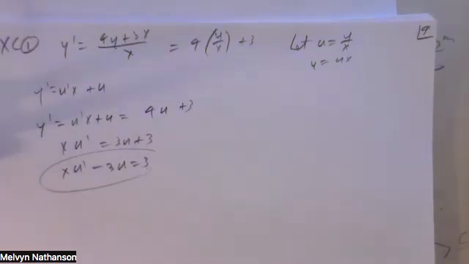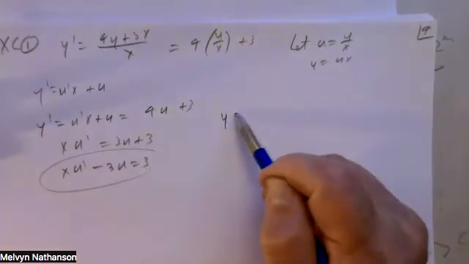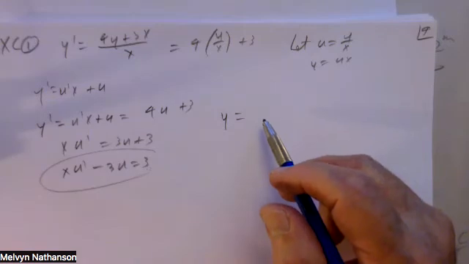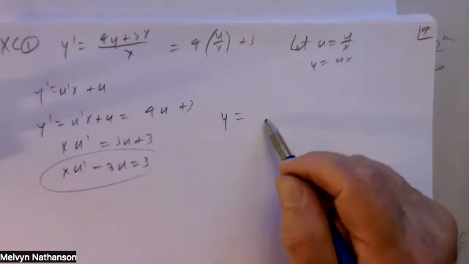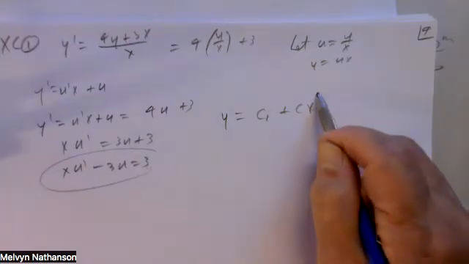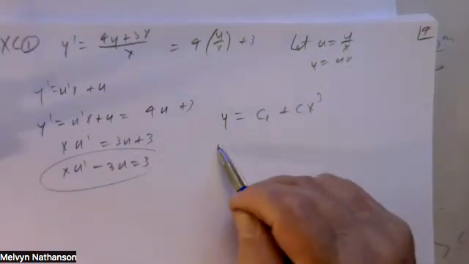The solution to problem 2 was of the form y equals some constant, I'll call it C1, plus cx cubed.